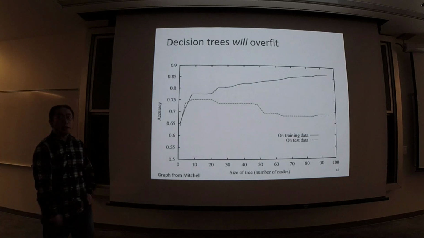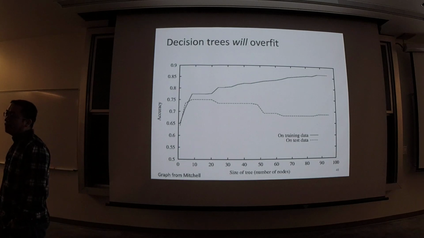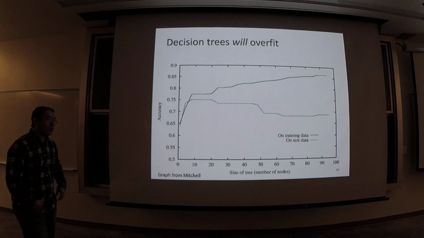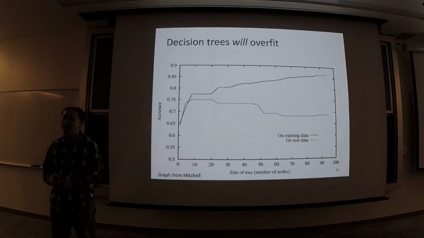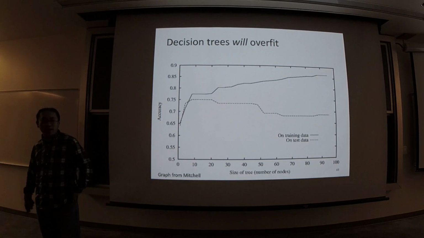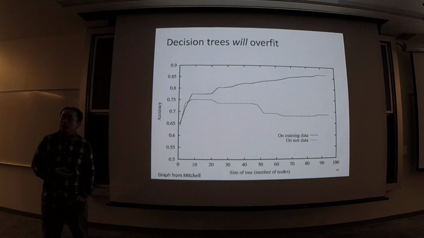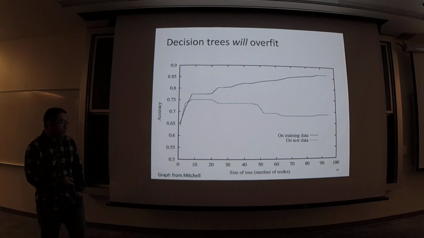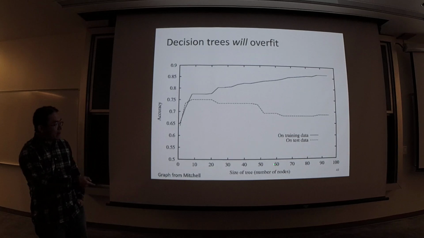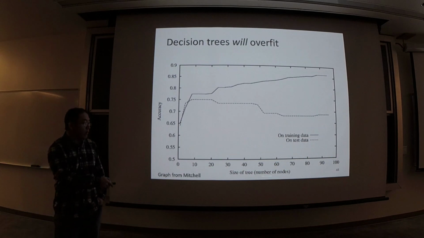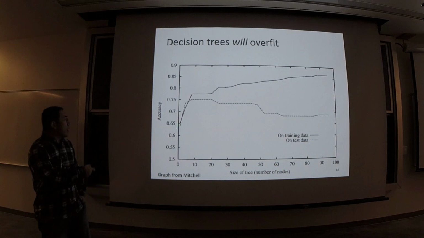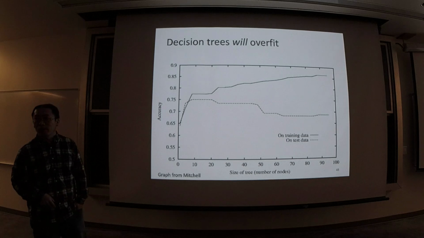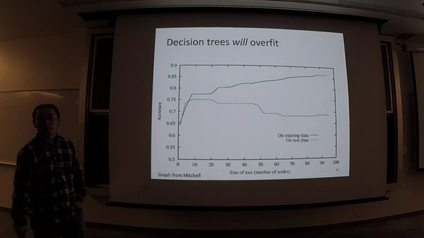So this is the typical behavior of decision trees. If you allow our decision tree to grow arbitrarily large, it can overfit the training data, right? Then how does the test performance on future examples vary? The x-axis represents the size of the tree in terms of number of nodes, and the y-axis represents accuracy, like training accuracy or test accuracy.